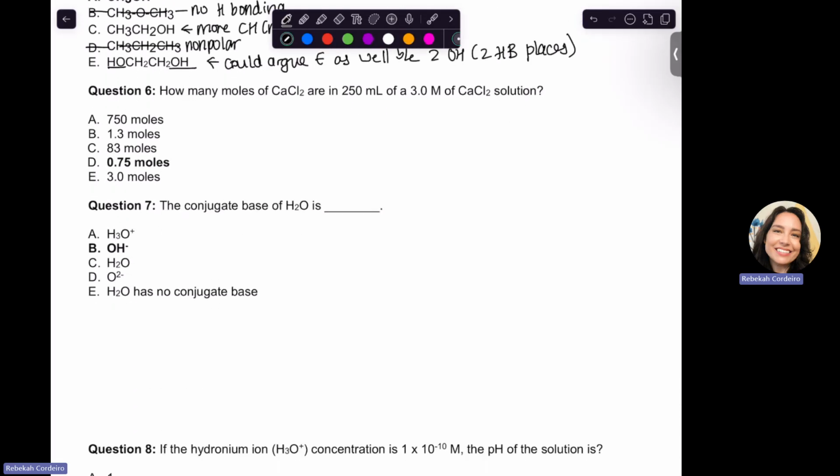All right, question 6. How many moles of calcium chloride are in 250 milliliters of a 3 molar solution of calcium chloride? So remember that molarity is a conversion factor, mole per liter. Now you can do this algebraically, but I'm going to do this with dimensional analysis. So we can write this like this. And we know that 1,000 milliliters is equal to a liter.